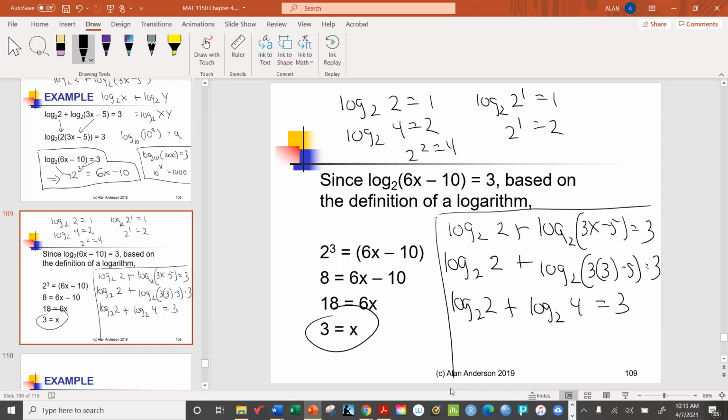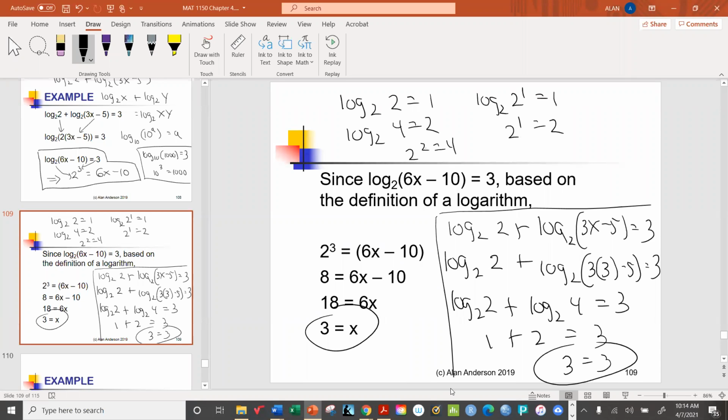So what you're seeing here is 1 plus 2 equals 3, and 3 equals 3. So we must have done it correctly then.